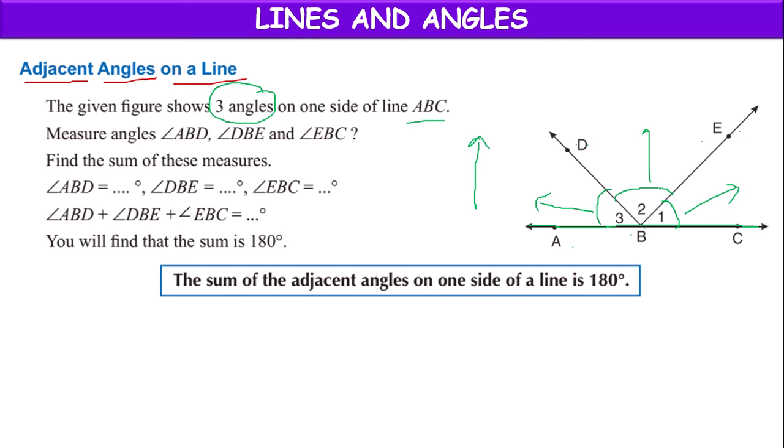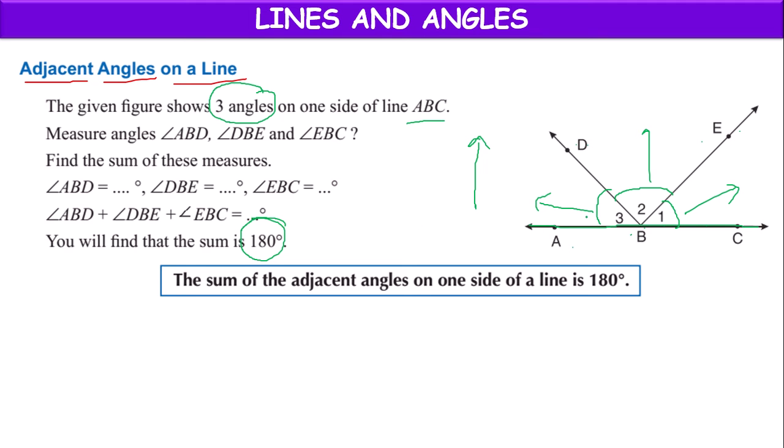Now we have to measure these angles, 1 to 3. If you measure the angles with the help of a protractor, you will find that the sum of these angles is always equal to 180 degrees.